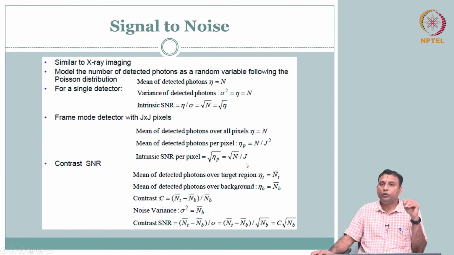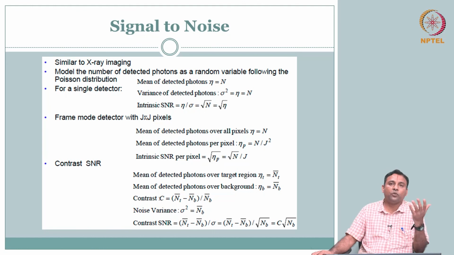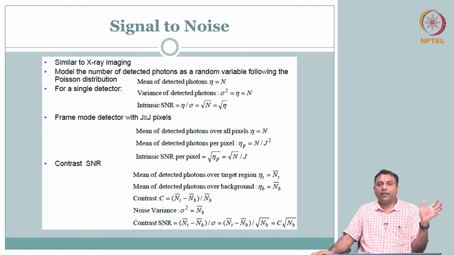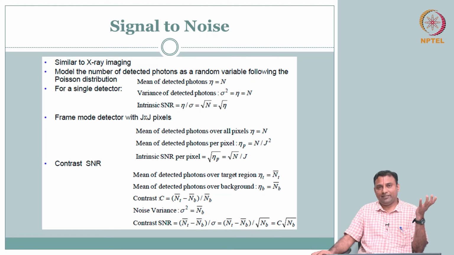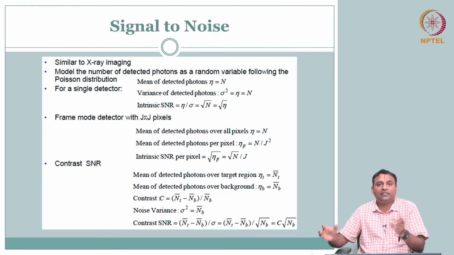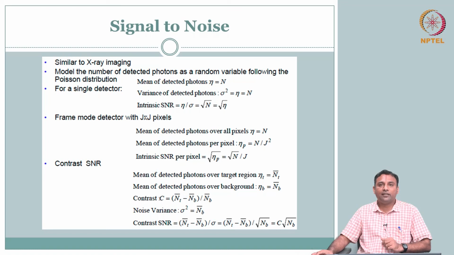You might intuitively think, if I am given a choice between 256 cross 256, 512 cross 512, or 128 cross 128, the more the pixels, I would go for that. You have better resolution, you would think, so you want to go for that. But what is the downside? Your intrinsic signal to noise ratio goes down.